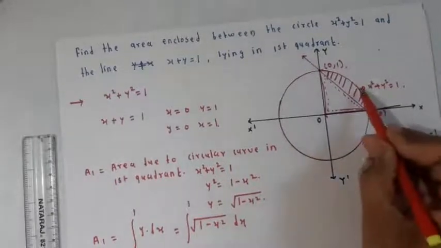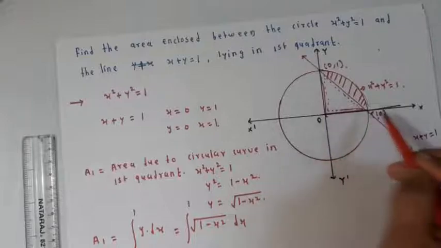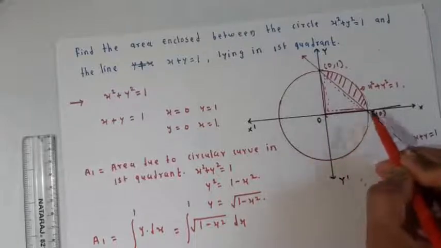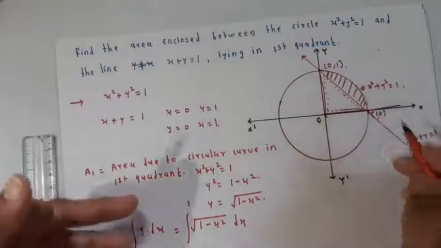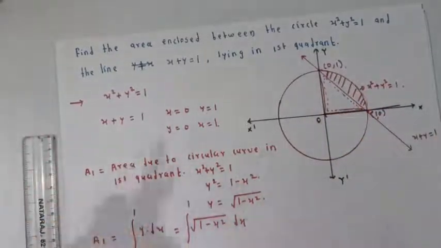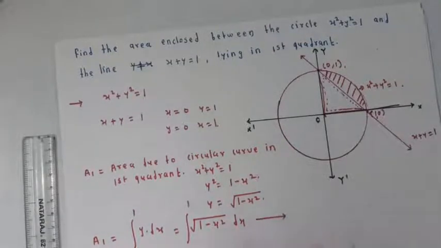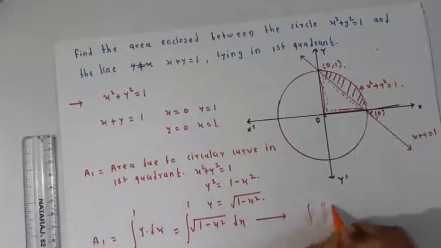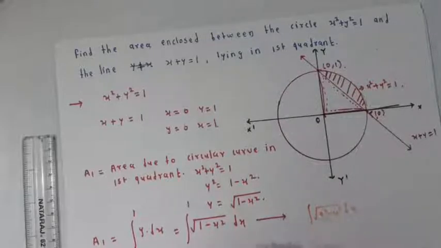This curve and the x limits of integration 0 to 1, from here to here, and due to the curve, we will find the area. This is integration of the type square root of a square minus x square with respect to x. By using this formula, we will find out the integration.